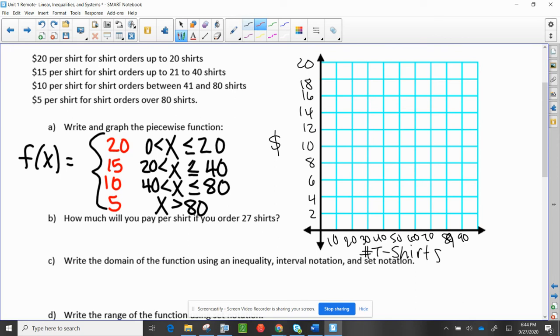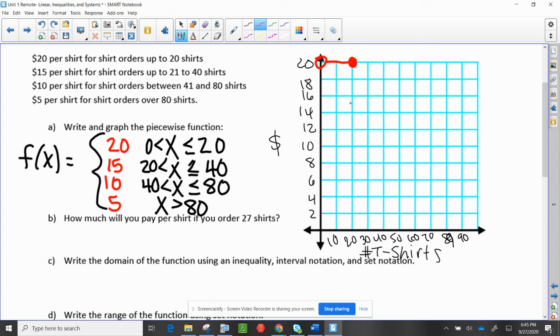So we're going to spend $20 if we're between 0 and 20 shirts. So I'm leaving an open circle on 0 because I'm not really going to pay anything if I don't buy anything. So I'm not going to use an equal to there, but from 0 to 20, including 20, we would spend $20. Okay. Price drops to $15 when we go from 20 to 40.